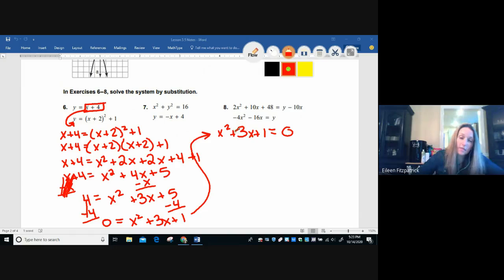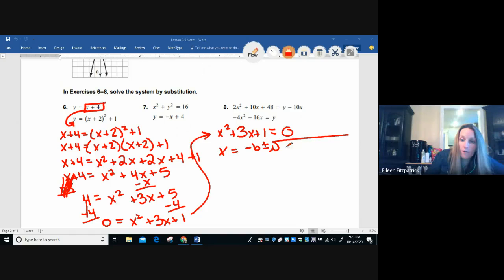Again, it's just my preference. Maybe if this number was even and divisible by 2, I'd do completing the square. I mean, again, it's really up to you. If you like the completing the square method, go for it. All right. But I'm going to use quadratic formula. So x equals -b plus or minus the square root of b squared minus 4ac all over 2a.